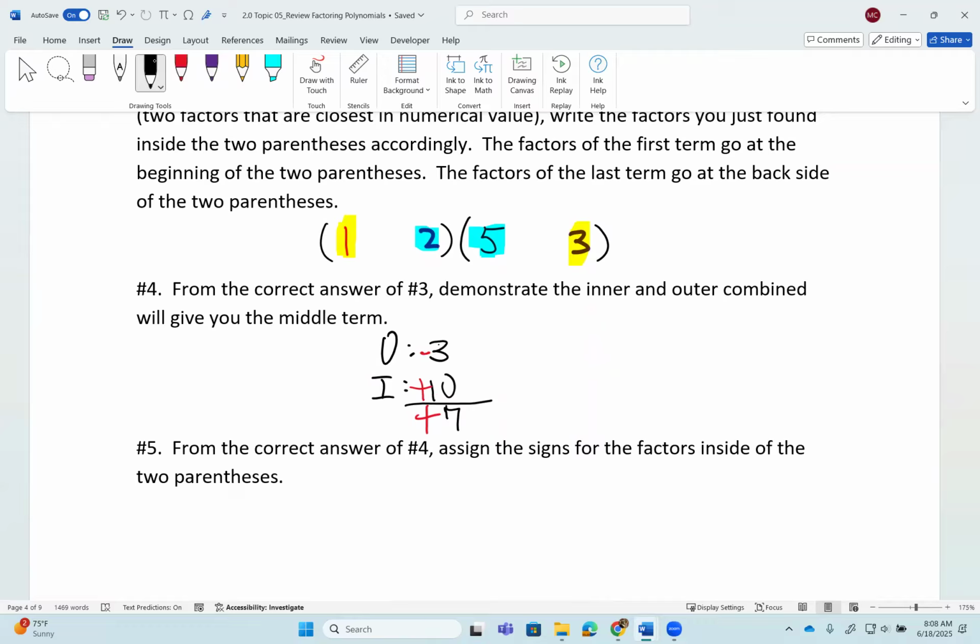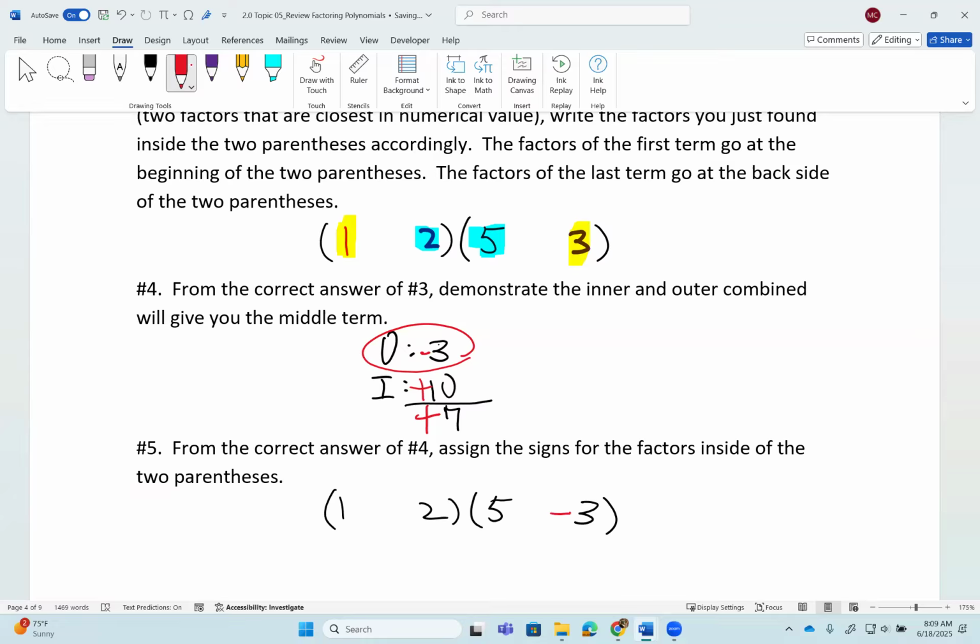Okay, so with what we already wrote in number 3, 1, 2, 5, 3, I know my outer needs to be a negative 3. Like I said earlier, when we factor a trinomial, the first term is always positive, so the sign goes on the back number of the second terms. So to get the negative 3, it has to be positive 1 times negative 3.